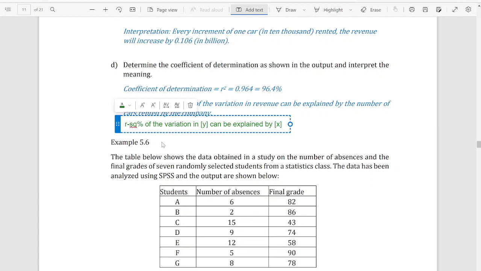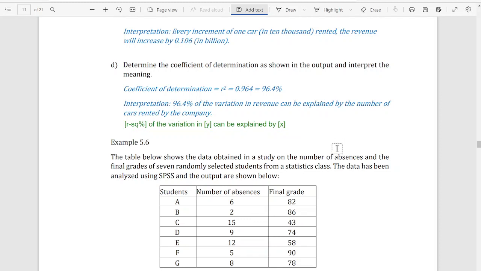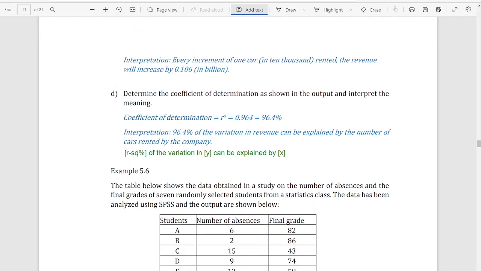Okay, that is in general. You tukarkanlah dengan y dengan x tu. So R squared percent of the variation in y can be explained by x, ataupun can be explained by the variation in x, boleh juga. Okay, so this is how you answer the question.